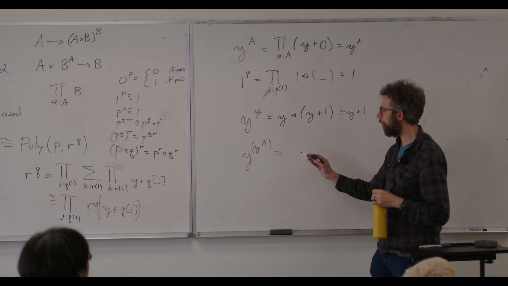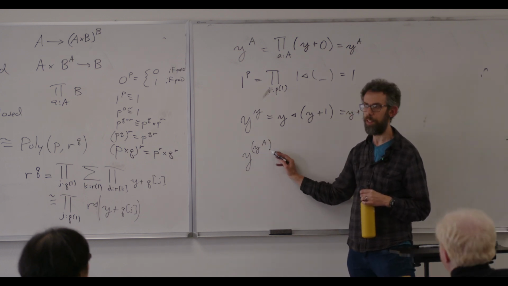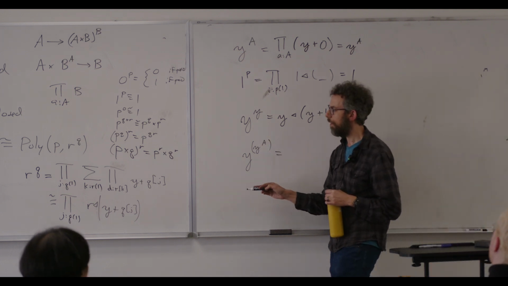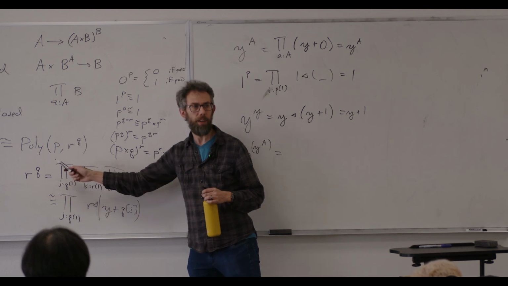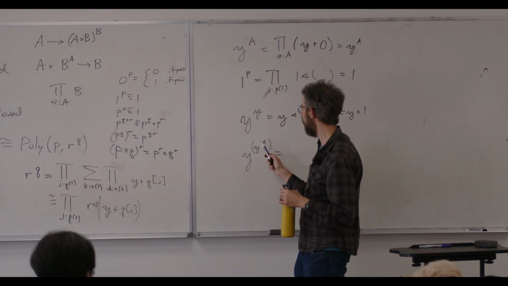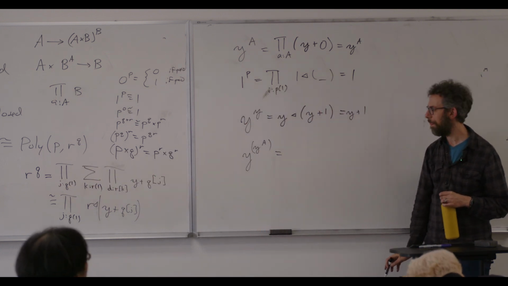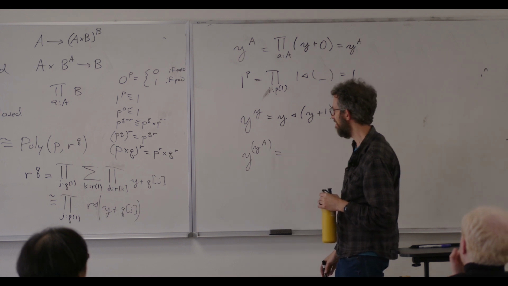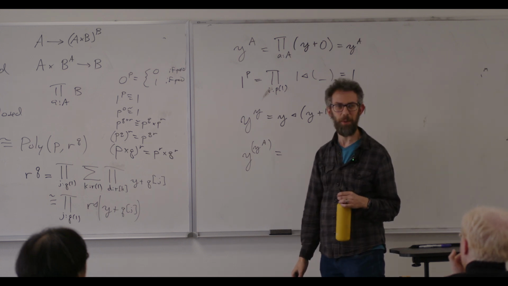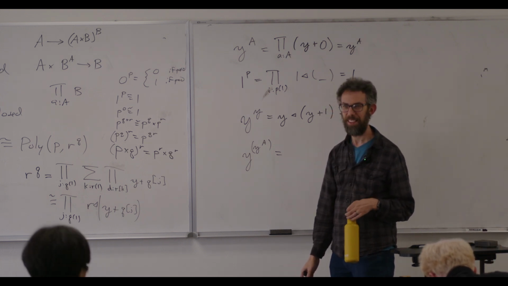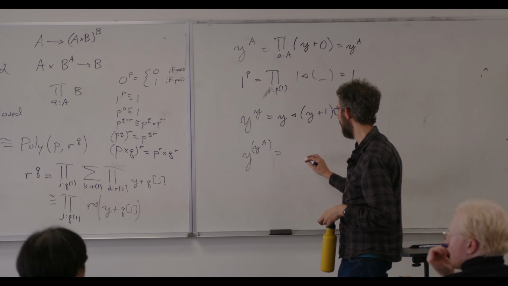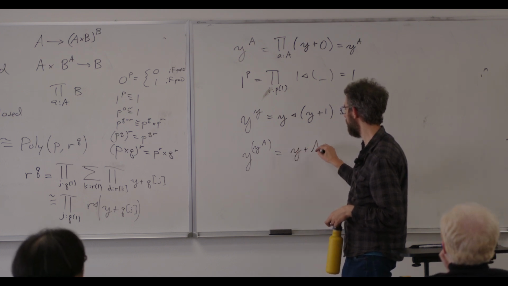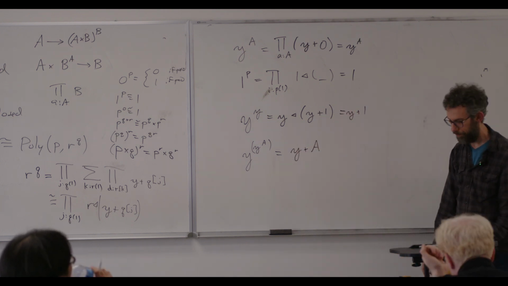So we're supposed to multiply up over all positions here. Well, there's just one. So this product is just a one-ary product. There's only one. One plus a. So is it 1 plus a, y plus a? What did you say? Y plus a. I got y plus a.